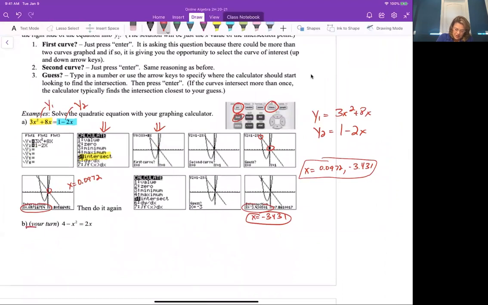Now, pause the video, try using that technique to find the values of x such that that equality is true. Welcome back. The values are minus 3.236, comma, 1.236. There were 2 values of x such that that equality is true.